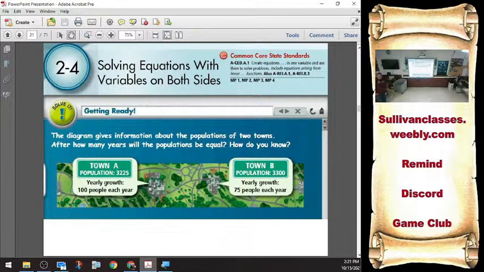The first town, 3,225. Next one is 3,300. But they're growing at different rates. When will they be the same?